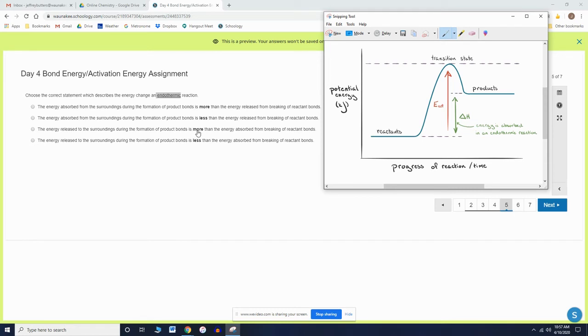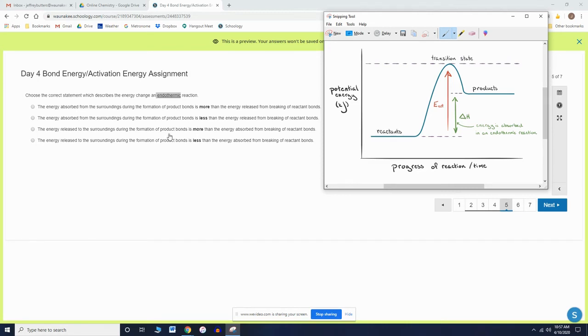It's saying that's more than the energy absorbed from reactants. So option 3 is saying the downhill portion of the graph is greater than the uphill portion. It's saying that more energy is released than is absorbed. This is true for exothermic reactions, but it is not true for endothermic reactions.